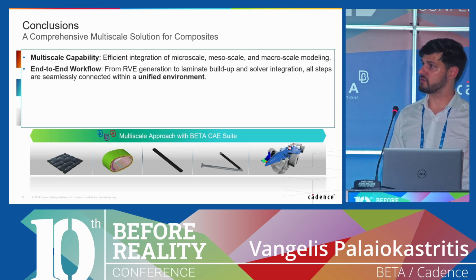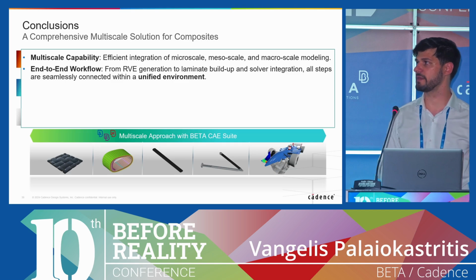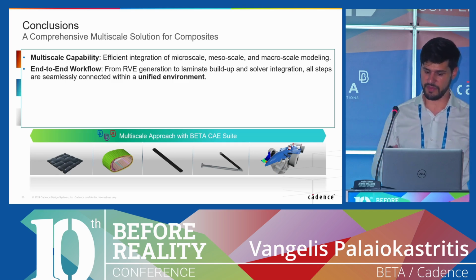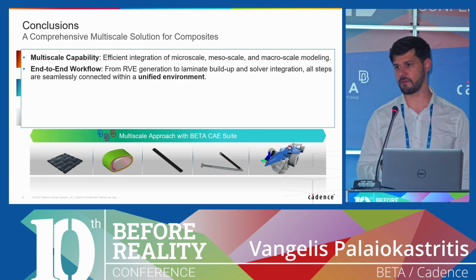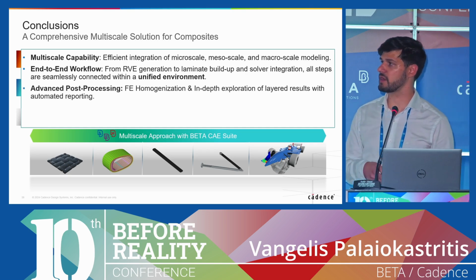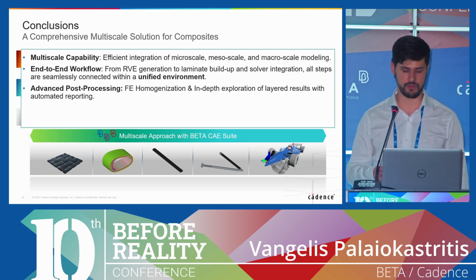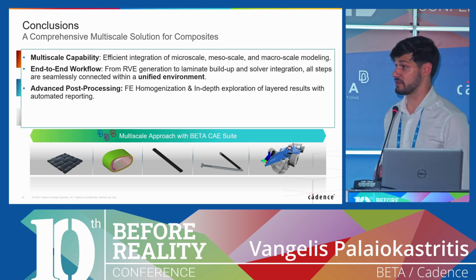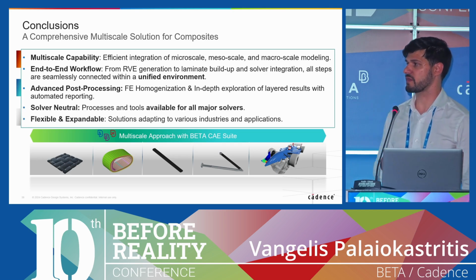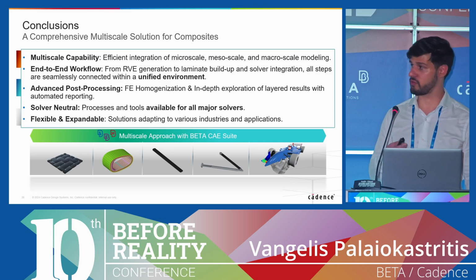We saw an end-to-end workflow from RVE generation to laminate model build-up and solver integration within the same unified environment of ANSA, and advanced post-processing for both FE homogenization and in-depth exploration of layered results through the thickness. Finally, all these tools and processes that we see are solver neutral and available for all major solvers.